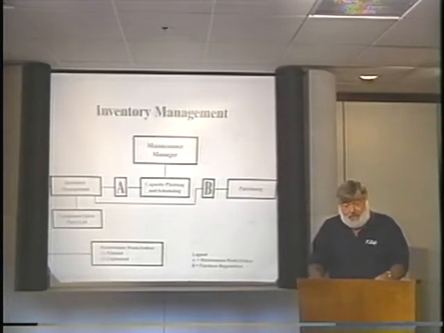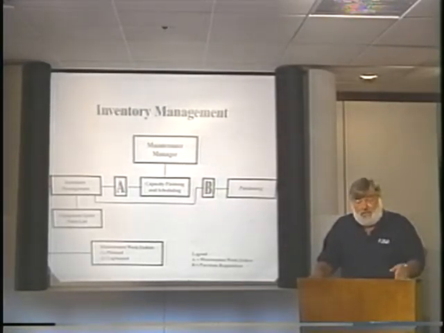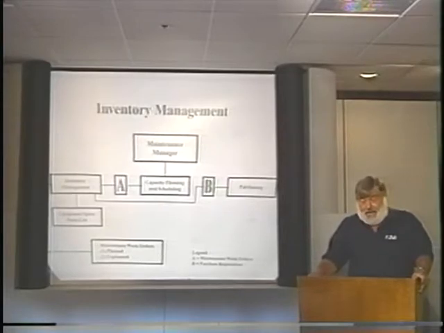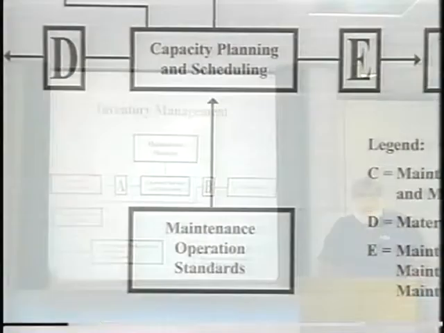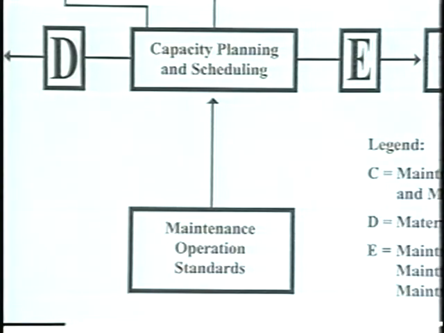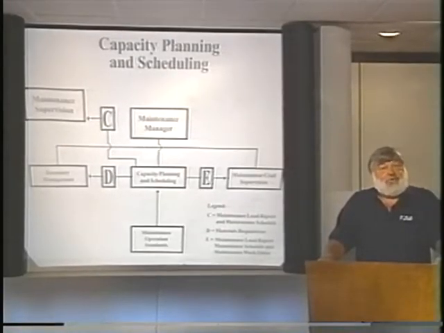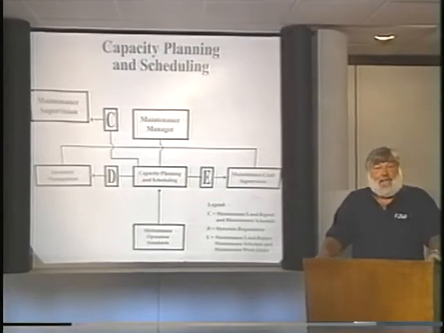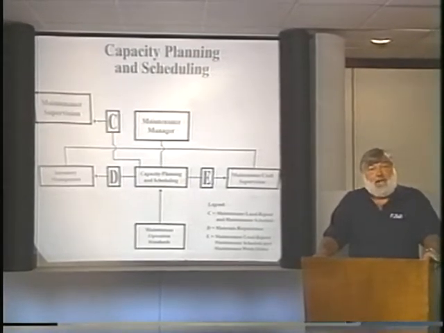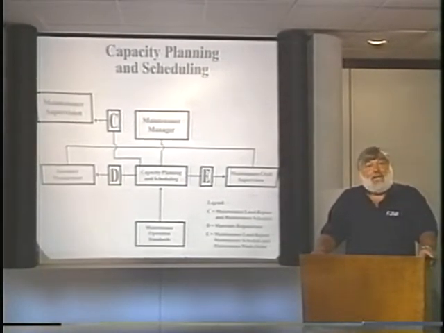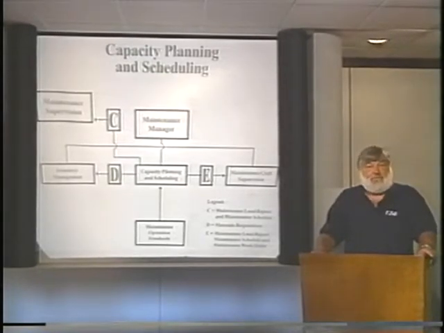Now, the next exhibit on page number 12 pertains to capacity planning and scheduling. And if you notice, in the center of the page, we have a box entitled Craft Planning and Scheduling. Below that, there is a box called Maintenance Operations Standards. Now, those are the estimated or the developed as a byproduct of actual work performed by craft people, the time and the task associated with those times.